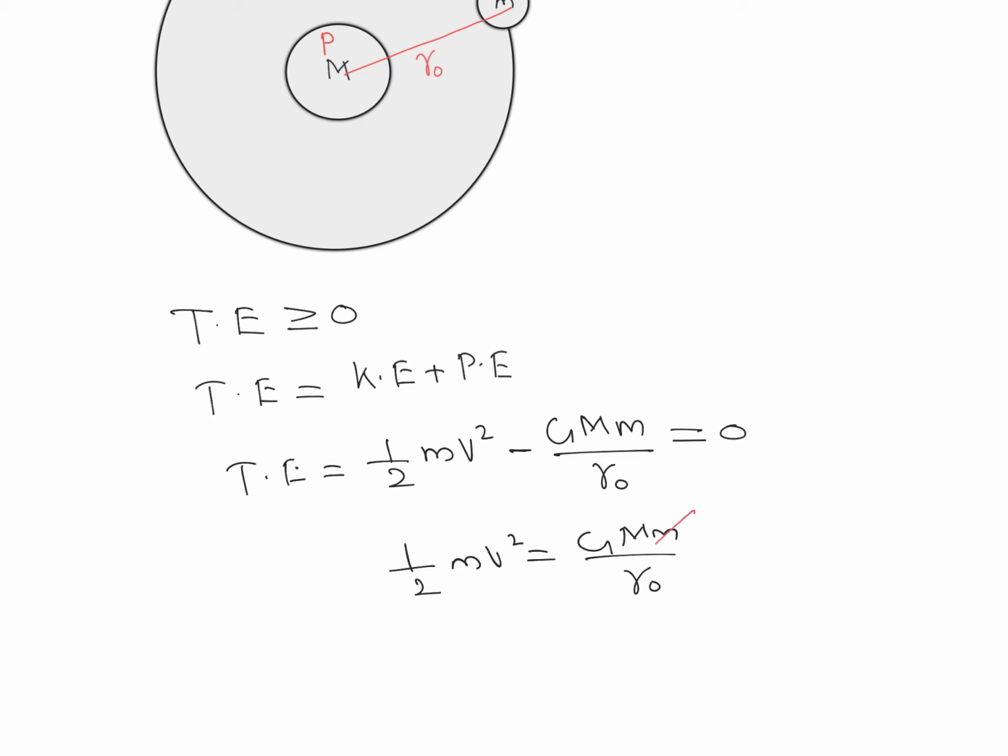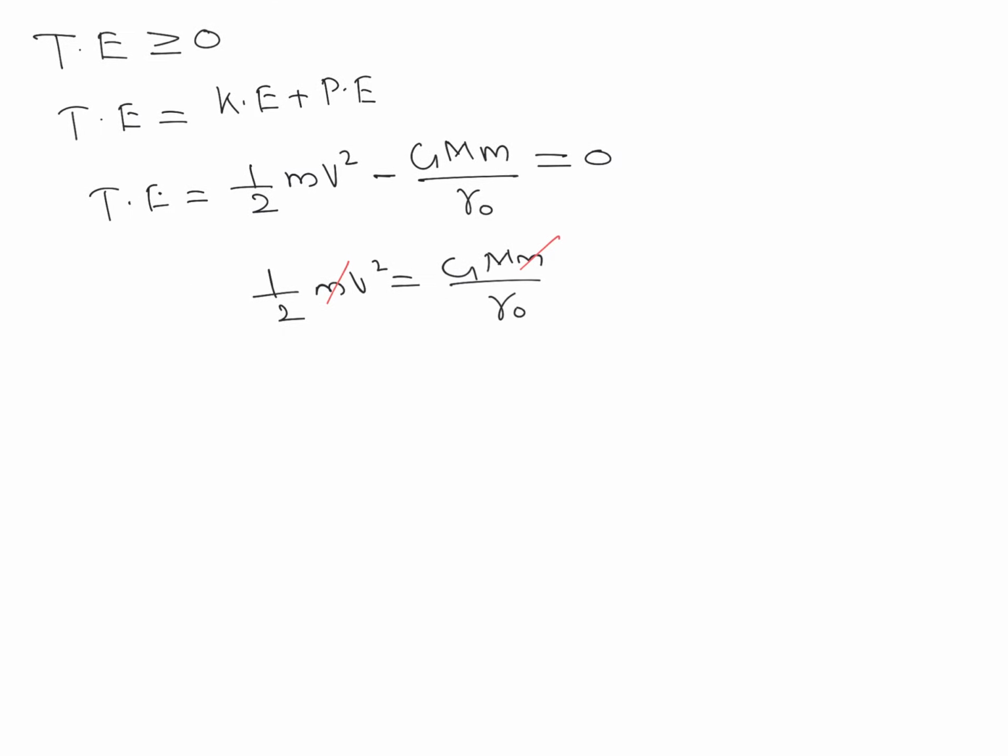We can cancel the m on both sides, so this does not depend on the mass of the satellite. So v square is equal to 2 G M divided by r0, or v is equal to the square root of 2GM by r0.